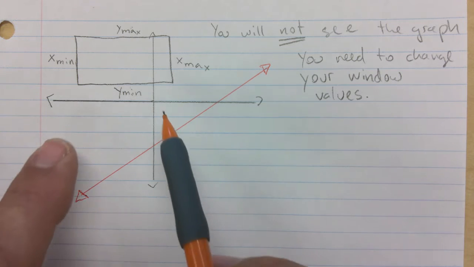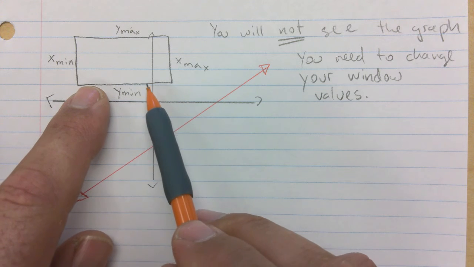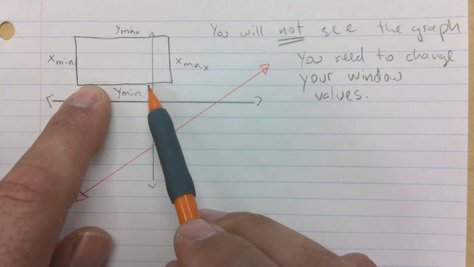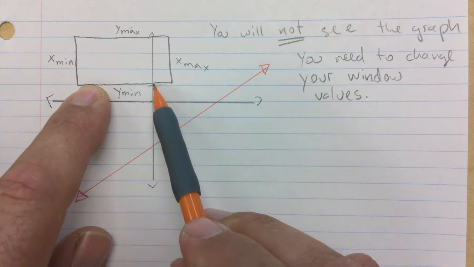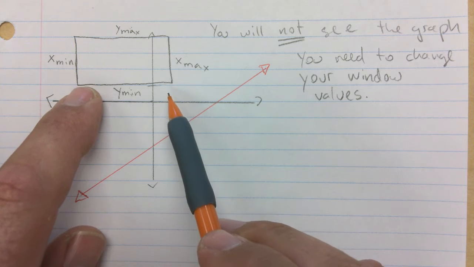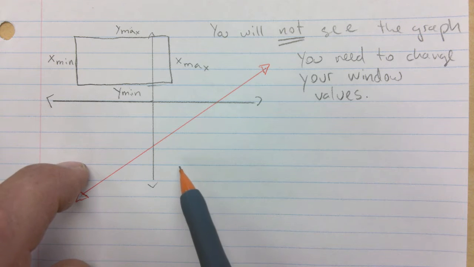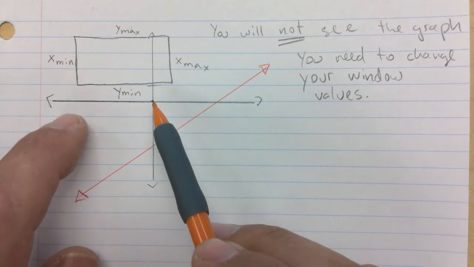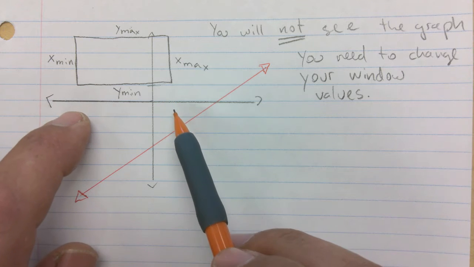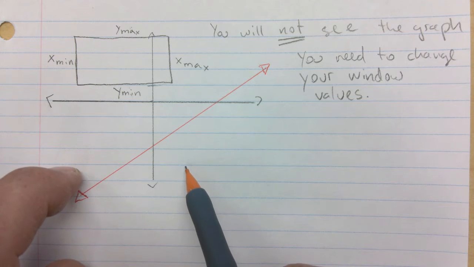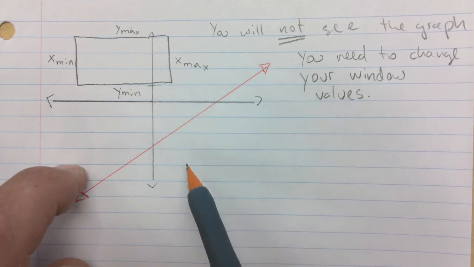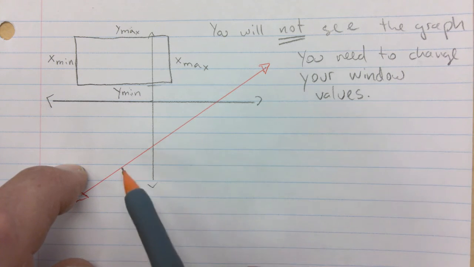Okay. So you essentially, let's say your Y min, let's consider this as 1, right? You would essentially have to bring it down to at least like -4. If you told your window, like, no, I want to see more down here, we're going to change it from -1 to -4, then you would start seeing some of that line.